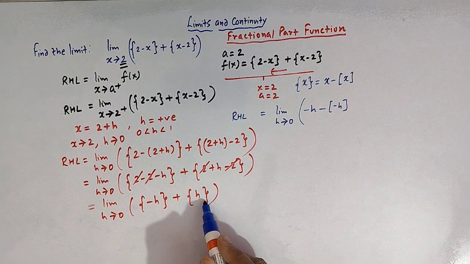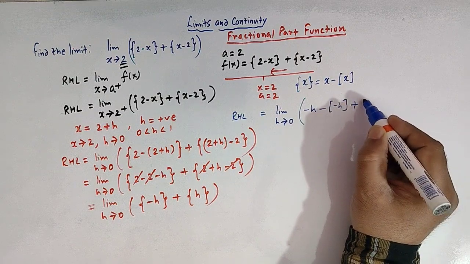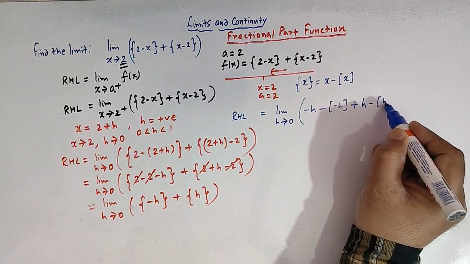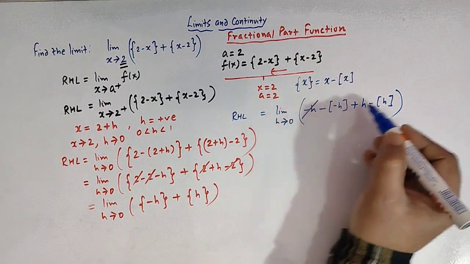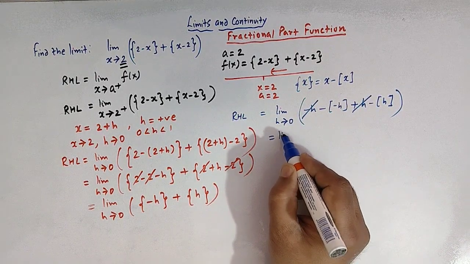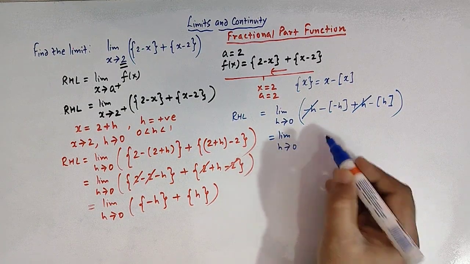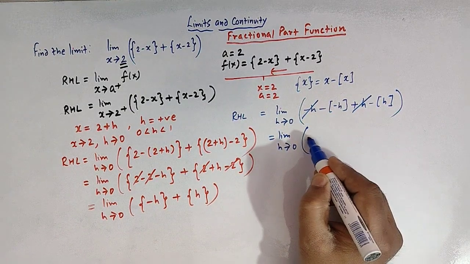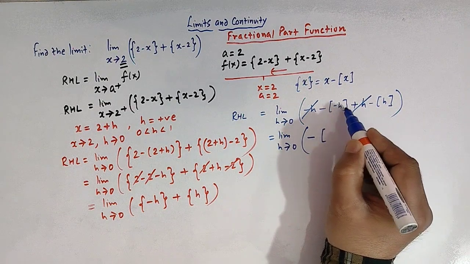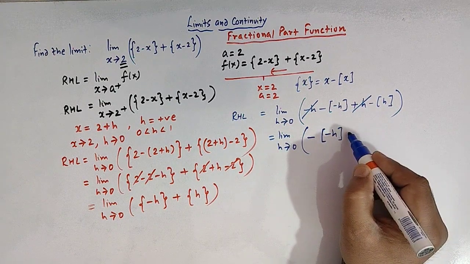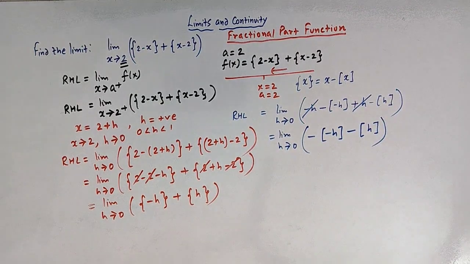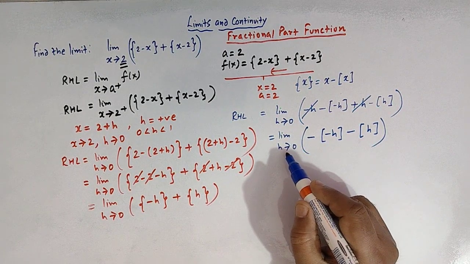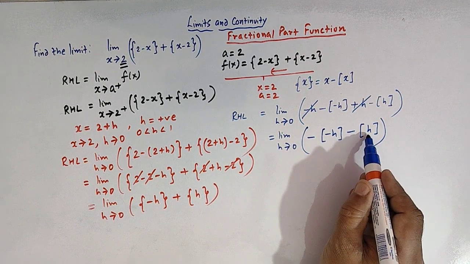Now here we have fractional part of h, so this can be written as h minus greatest integer of h, right? Now this h and this h get cancelled, so we are left with limit h tends to 0, and here we have negative of greatest integer of minus h, and here we have minus greatest integer of h, right? So now here also we cannot directly substitute h is equal to 0, right?